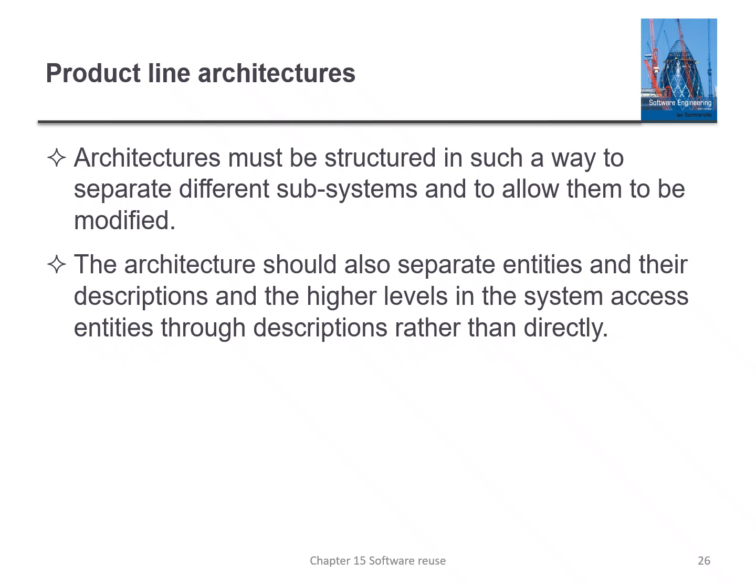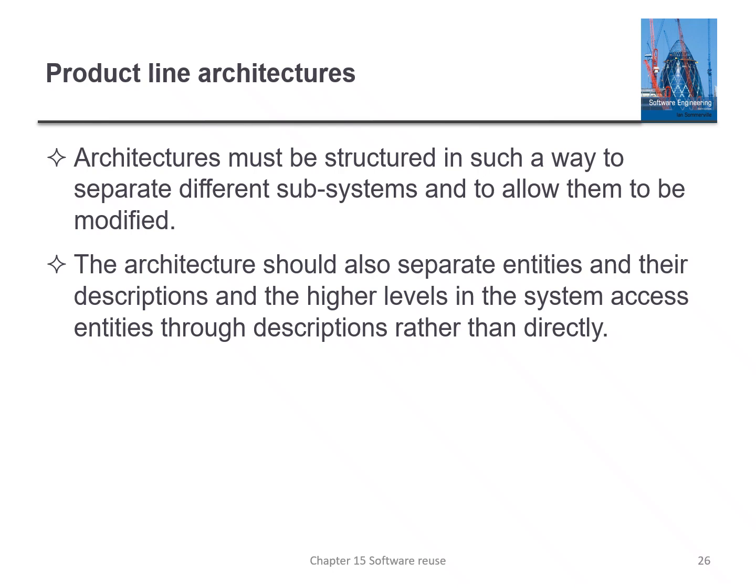Right, product line also comes with its architecture because it needs to be designed so that it can be expanded for different versions or different instances of the product. So the architecture must be structured in such a way as to separate different subsystems and allow them to be modified. As you can see in the diagram I showed you, there are base, configurable components, and then specialist functions.